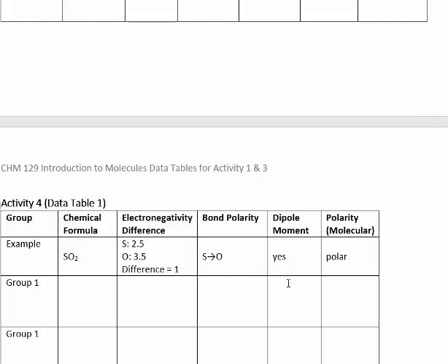Every time it doesn't have a dipole moment, so no, meaning the central atom has no lone pairs and all the outer atoms are the same, so no dipole moment means it's nonpolar. So no dipole, nonpolar. Yes dipole, polar molecule.